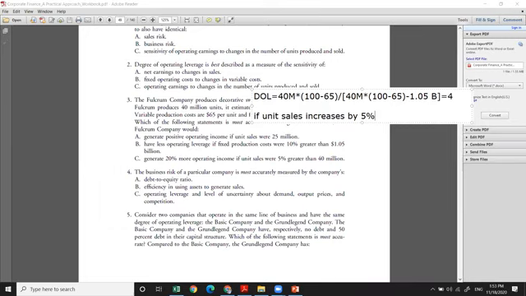So the expected earnings are expected to increase by actually 20%.